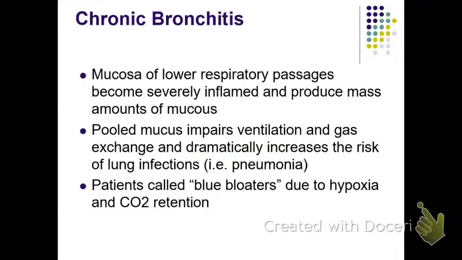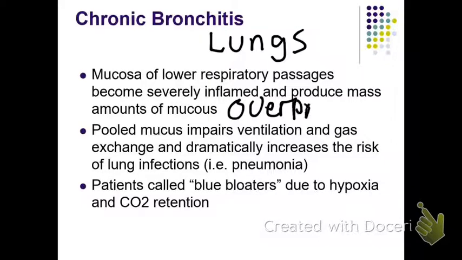Next up, we have chronic bronchitis, which is when the mucosa of the lower respiratory passages, so you're thinking your lungs and specifically your bronchi and bronchioles, become inflamed, and they almost overproduce mucus. The pooled mucus does not allow for efficient gas exchange.